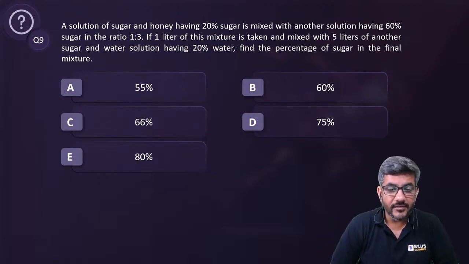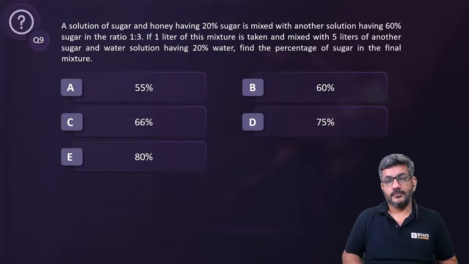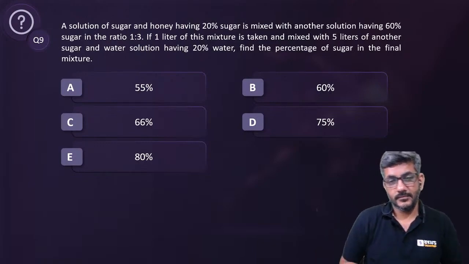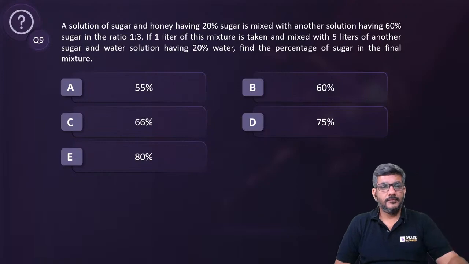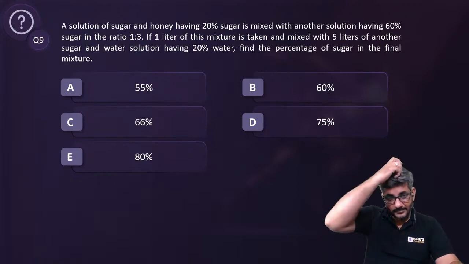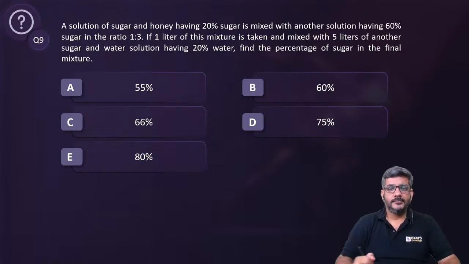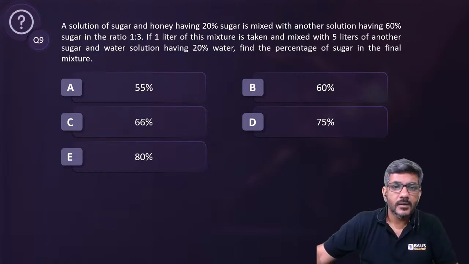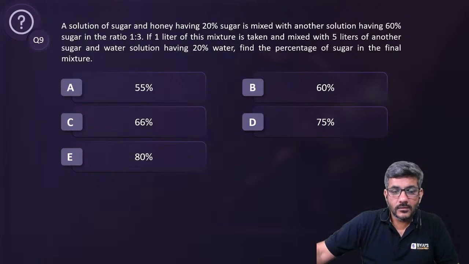Question number 5. Looks like an easy question though.